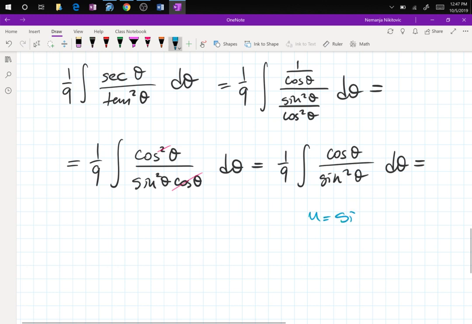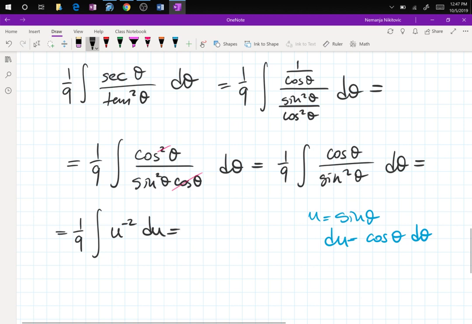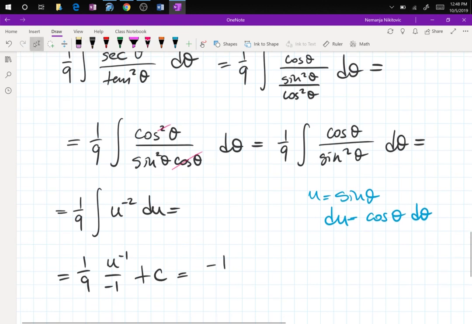So u equals sine theta, du equals cosine theta d theta, and that's going to give us 1 over 9 integral of u to the minus 2 du, which is going to be 1 over 9 u to the minus 1 over negative 1 plus c, and that is going to give us negative 1 over 9 u, which is sine theta, plus c.